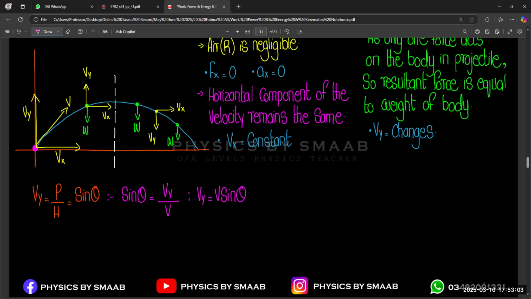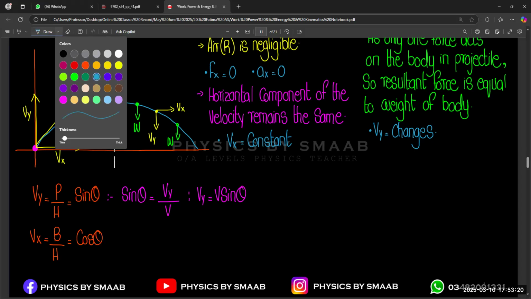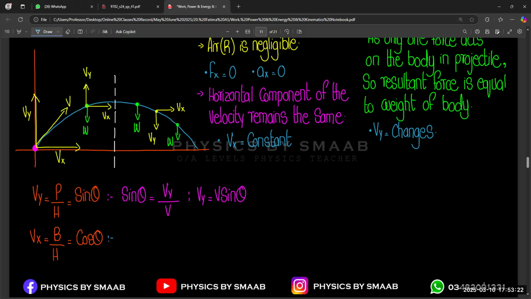V sine theta. In the same way, if we want to calculate the x component, cos theta, V cos theta.